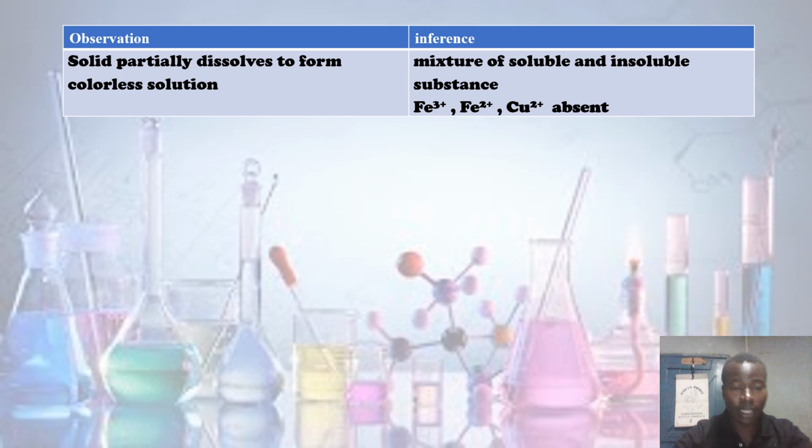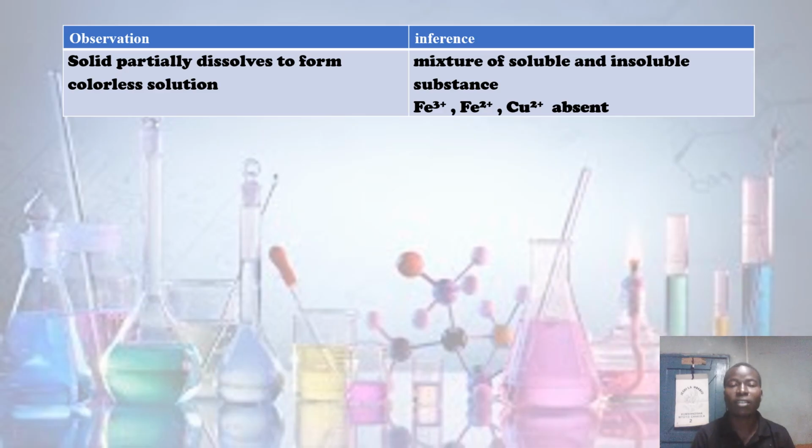So in this particular case, if you add water and then you shake well and still find that some solid remains in that boiling tube, you are going to make your observation and say that the solid partially dissolves to form, then look at the color of the solution that you have remained with.